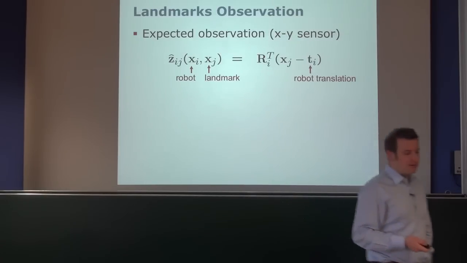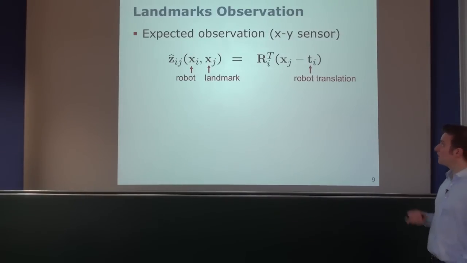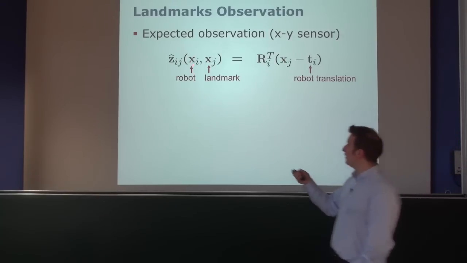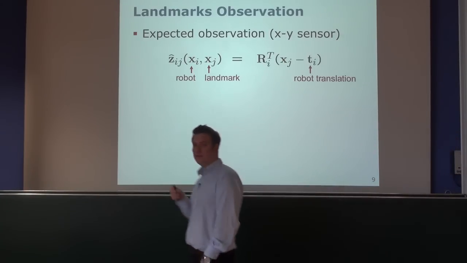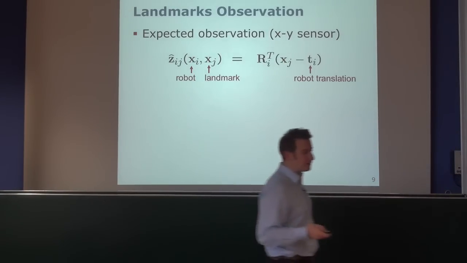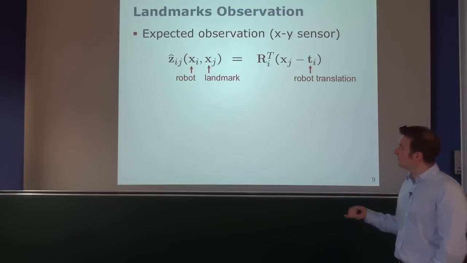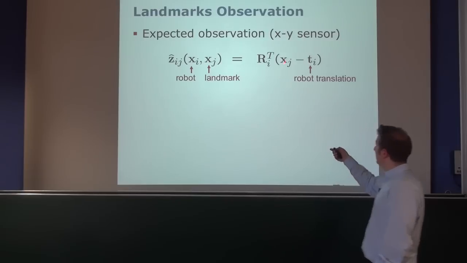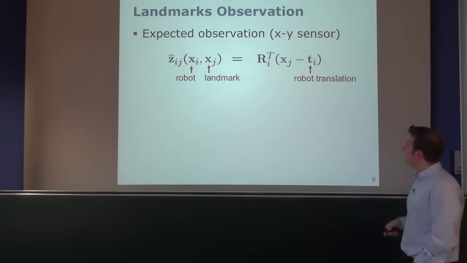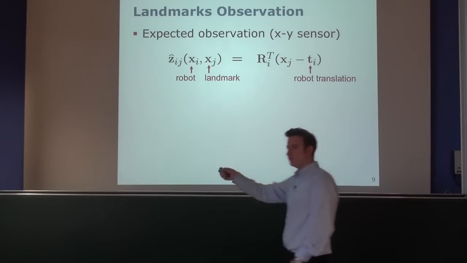And if I write this, I actually write that quite easily. So the expected observation of xi, xj, where xi is the robot and xj is the landmark, I can express as the rotation matrix, which results from the orientation of the robot, times the position of the landmark minus the translation of the robot, so where the robot is in the space.